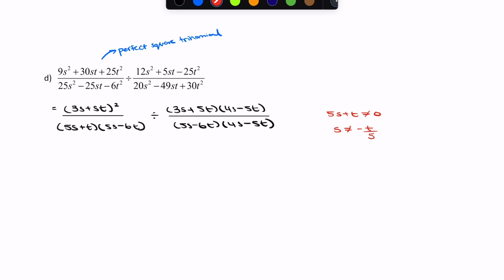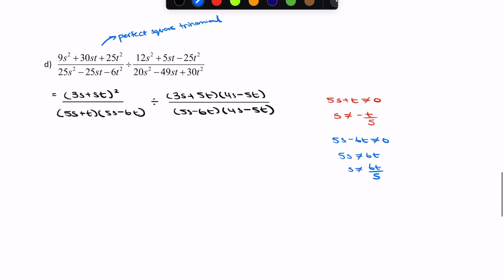That'd be one restriction. Second restriction, we have 5s minus 6t cannot be equal to 0. So here, 5s cannot be equal to 6t, or s cannot be equal to 6t over 5. So any of those work in terms of how you write it.